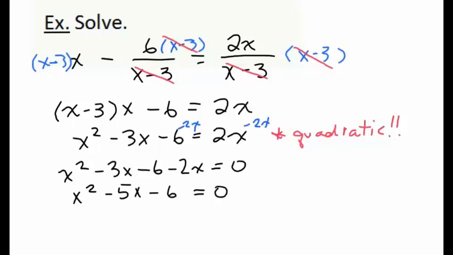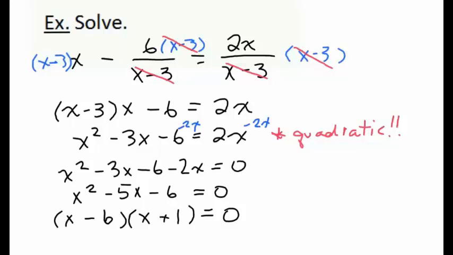So from here, what we need to do is we need to factor our quadratic in order for us to solve this equation. So we're looking for two factors that multiply to give us negative 6 and add to give us negative 5. Those two factors are negative 6 and positive 1.